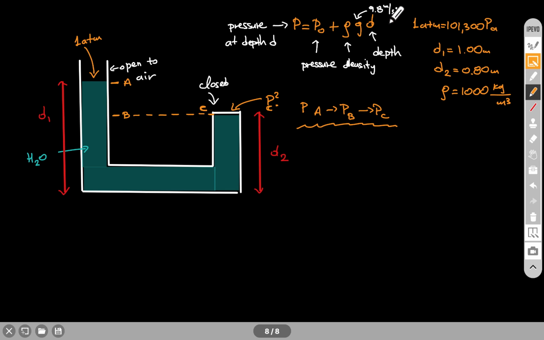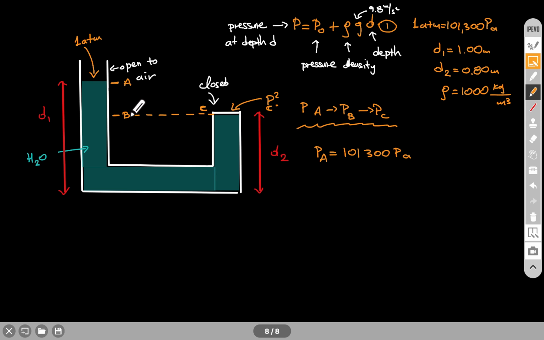Now let's call this equation 1. As I said, I know that the pressure at A is 1 atmosphere, so we got 101,300 pascals. Next, I need to find the pressure at B. I'm going to use equation 1. This is the hydrostatic pressure equation, and remember, the pressure on the left side is the one at a deeper level.